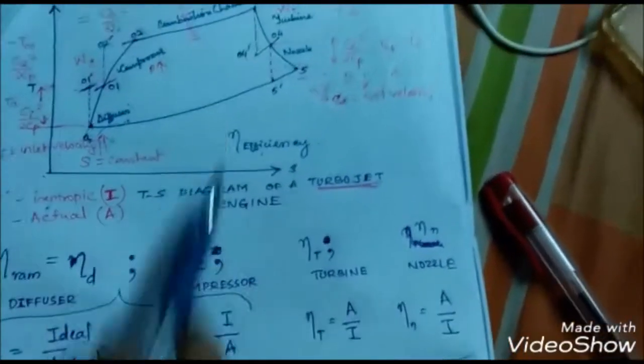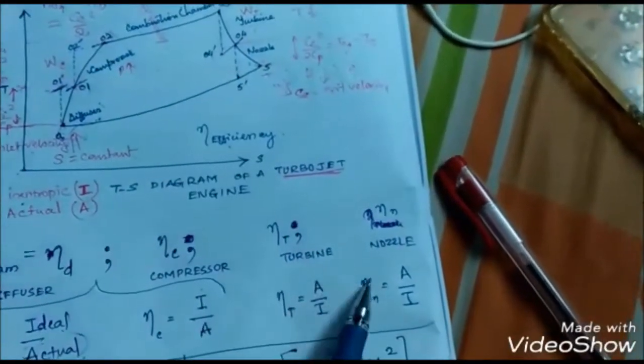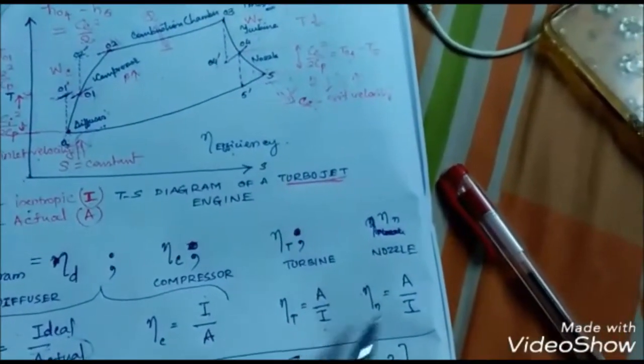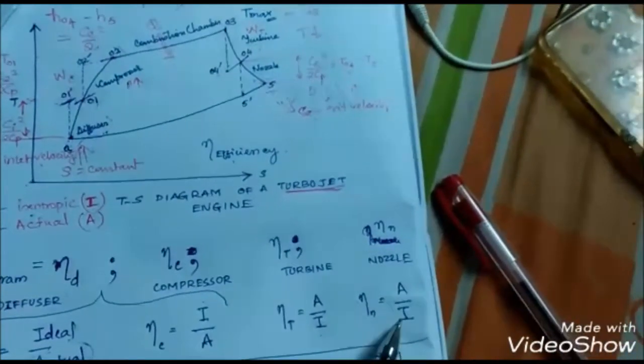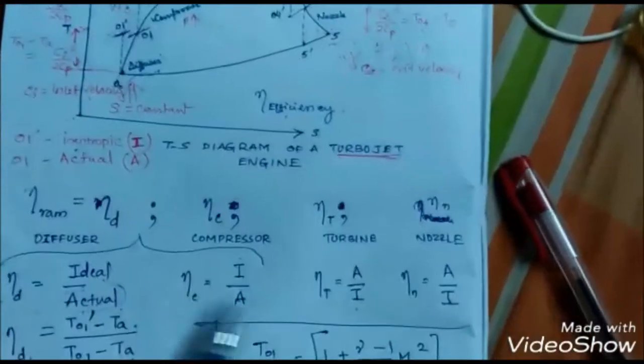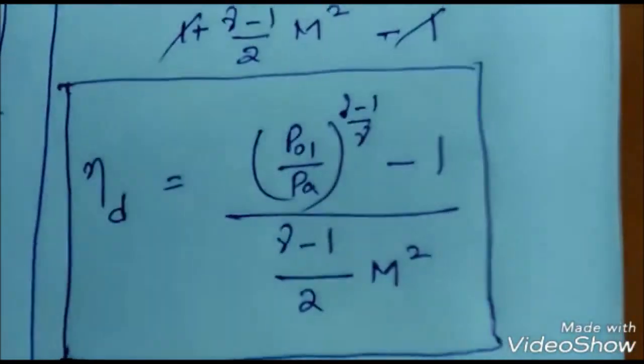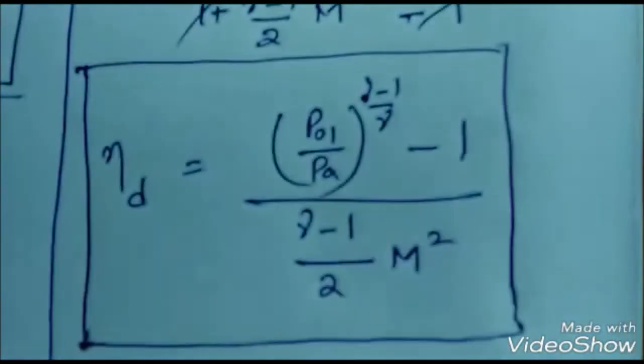And on the right-hand side, the turbine and nozzle both have actual by ideal. So remember that, and just like this diffuser equation, you can find this expression in a very easy way.